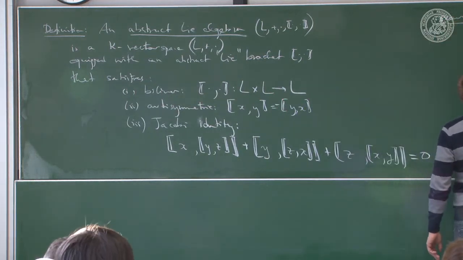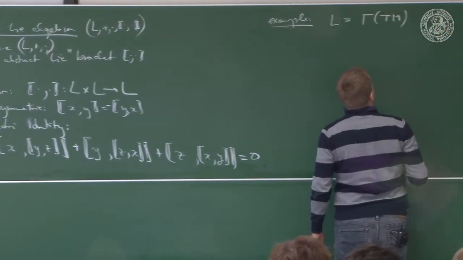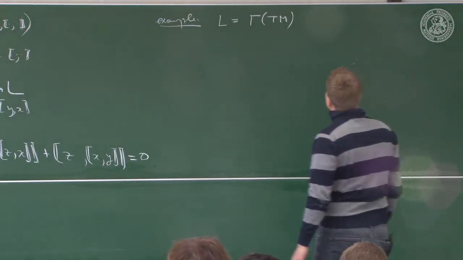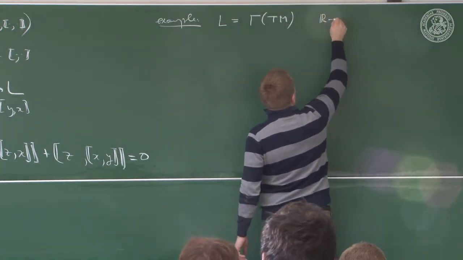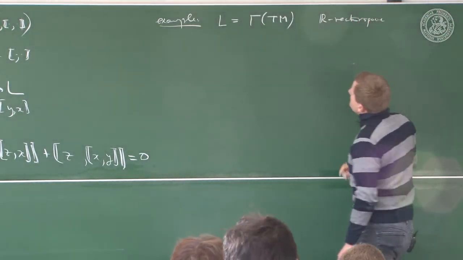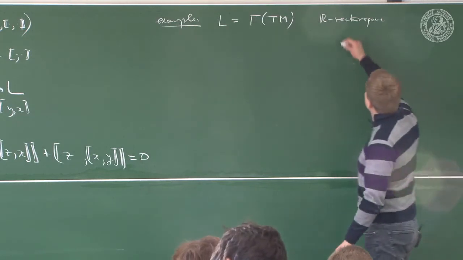taking L to be all the sections of the tangent bundle of some smooth manifold, any smooth manifold. This is clearly, for a real manifold, an R vector space. Well, we know it's even a C infinity of M module, okay? But in particular, the weaker structure is that it's an R vector space.